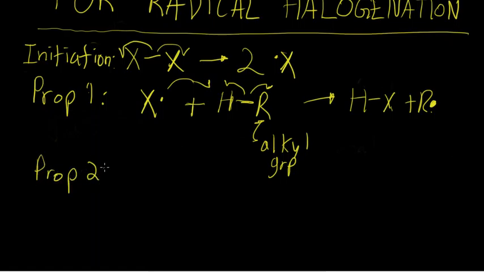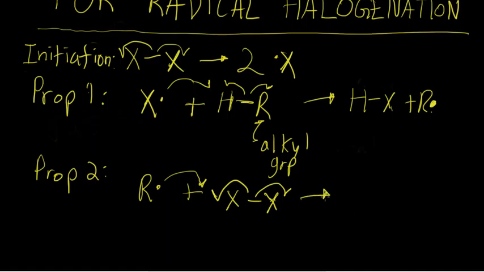And then you have propagation step 2, which involves the alkyl radical generated in propagation step 1 reacting with the diatomic halogen. So that halogen undergoes homolytic cleavage and bonds to this alkyl group, and you get the haloalkane alongside the halogen radical.